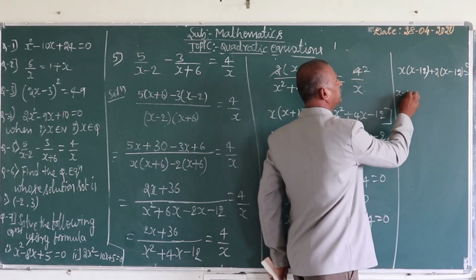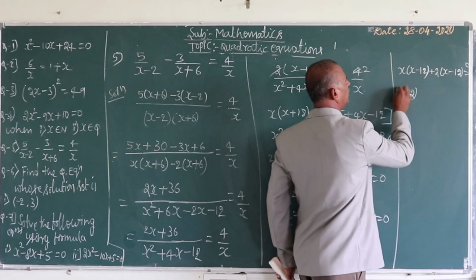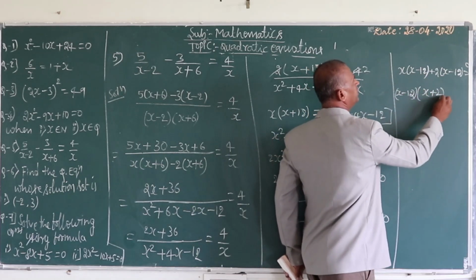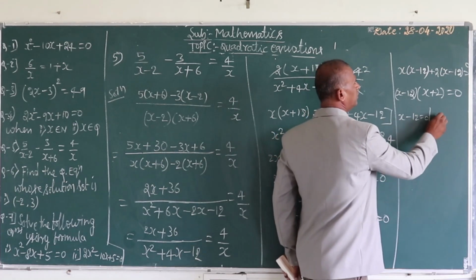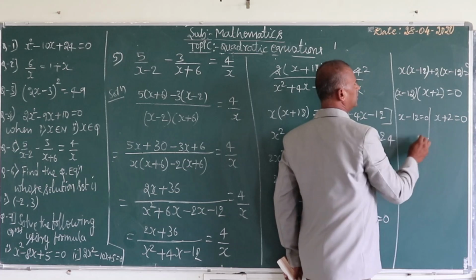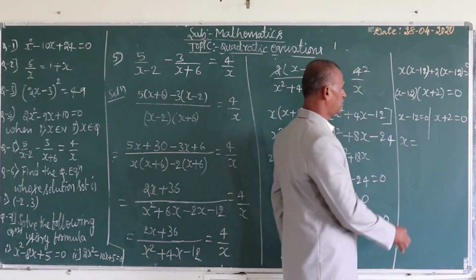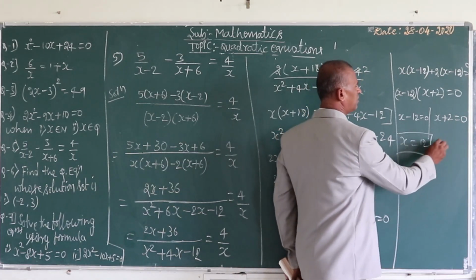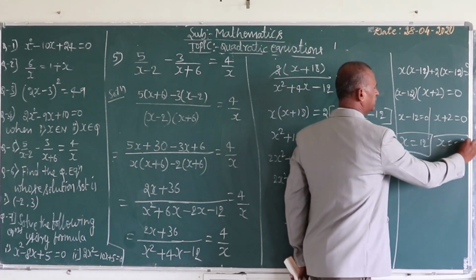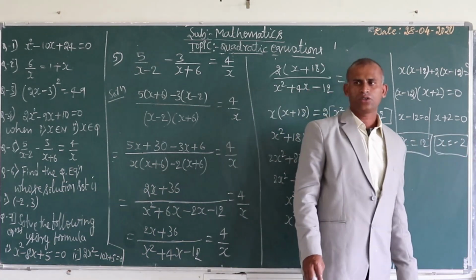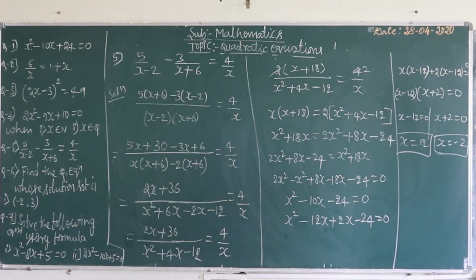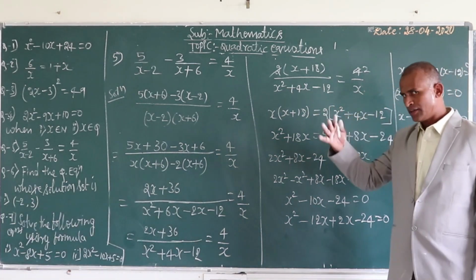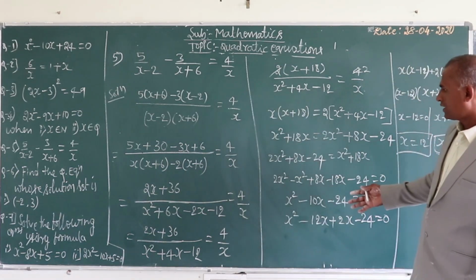Now x minus 12 times x plus 2 is equal to 0, so x minus 12 equals 0, x plus 2 equals 0, x equals 12, x equals minus 2. After this, they will give it like that for you.